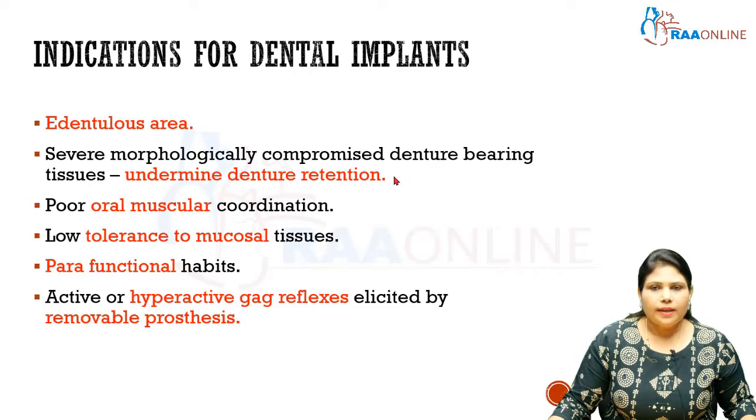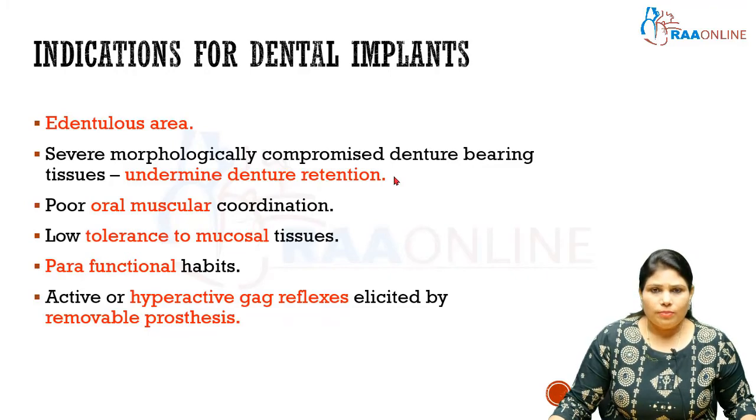Indications for dental implants: usually edentulous areas. If there are severely morphologically compromised denture bearing tissues, which undermine the denture retention, then implants can be indicated. Poor oral muscular coordination of the patients, which prevents the retention of a fixed or a removable prosthesis, there you can go for implants.